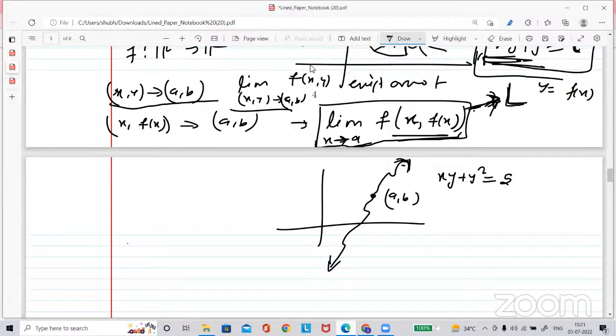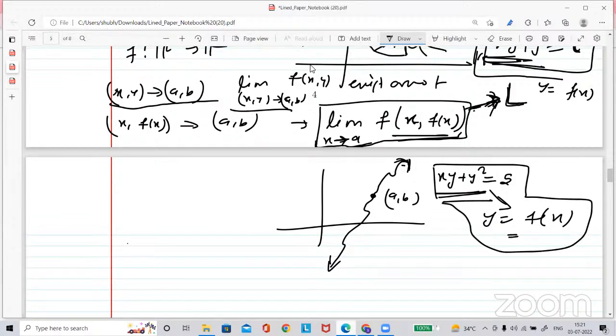If you want to write this equation as y equals some f(x), it is difficult to write. But just visualize what I mean: if you are approaching A, B along this curve, your function should approach L.